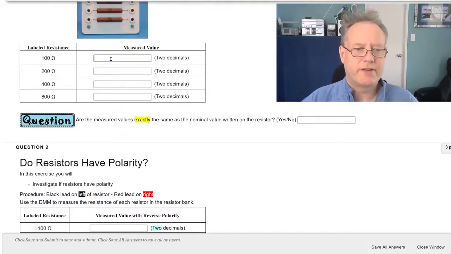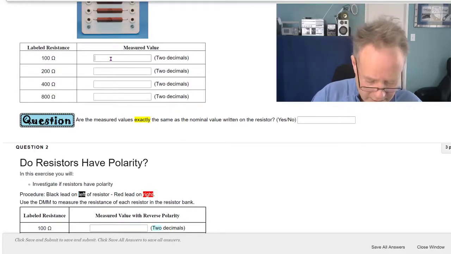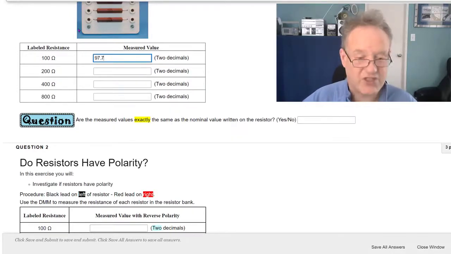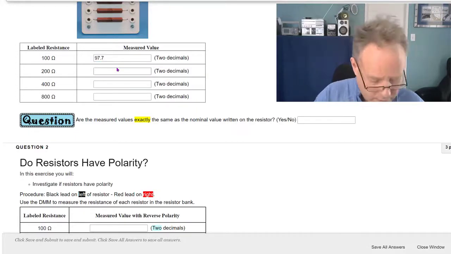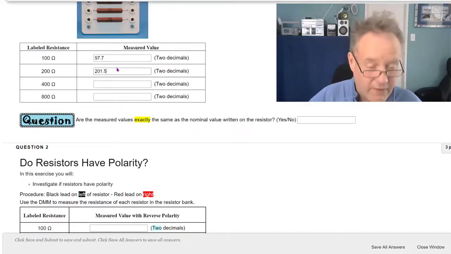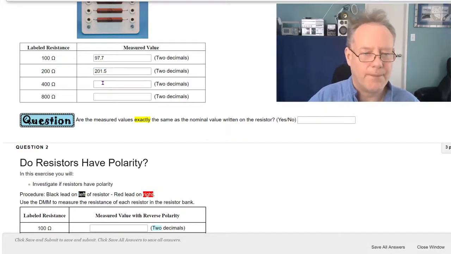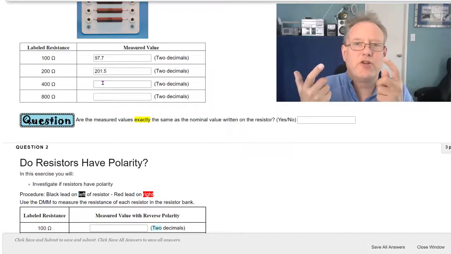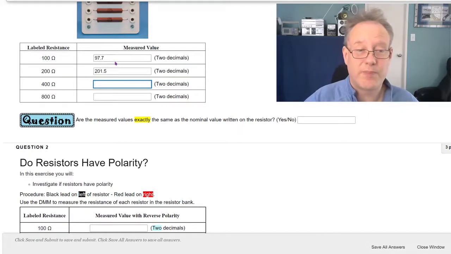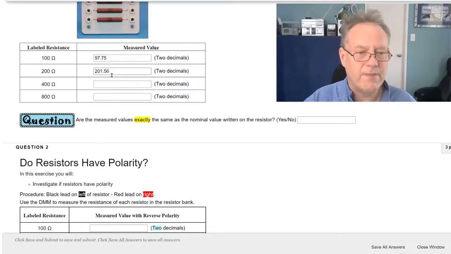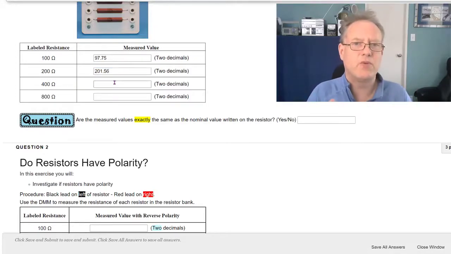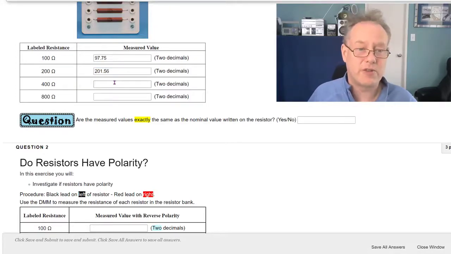Watch this. I'm going to take a measurement. So 100 ohms, I'm going to say it's 97.6. This guy, 200 ohms, it's going to be 201.5. Now I say 2 decimals. Yeah, I said 2 decimals in here. I changed it. 1 decimal is fine as well. I just need you to put that period. Actually, it's good to write 2 decimals, because when you're actually in the lab taking measurements, you want to get as many as you can. If there are 3 decimals, write them down.